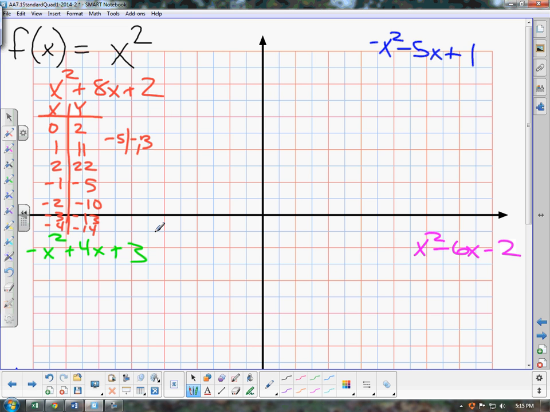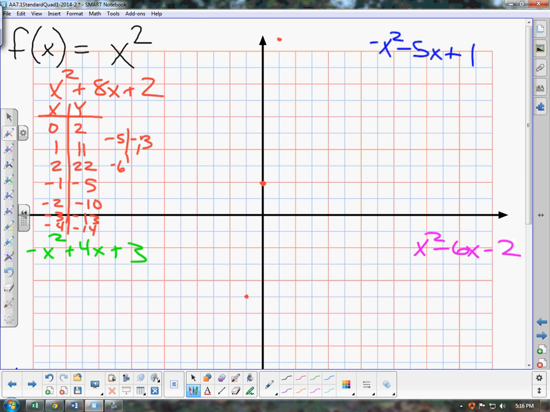And so (0, 2), (1, 11), (negative 1, negative 5), (negative 2, negative 10) is down there, (negative 3, negative 13), (negative 4, negative 14), (negative 5, negative 13).